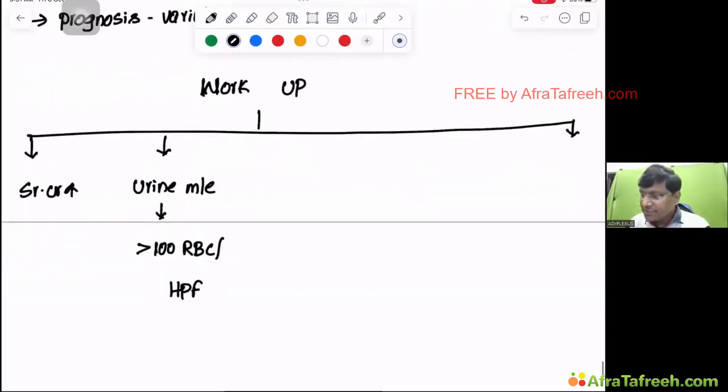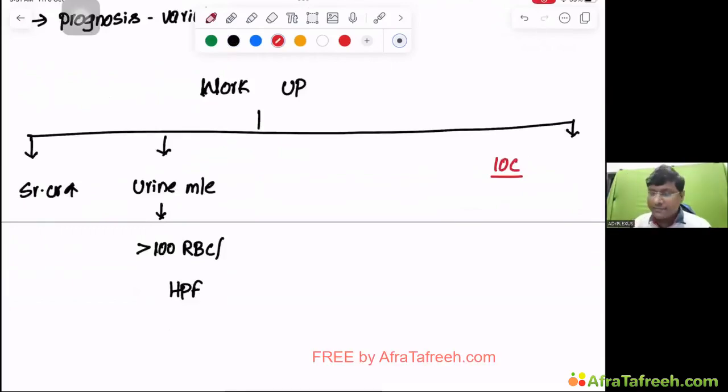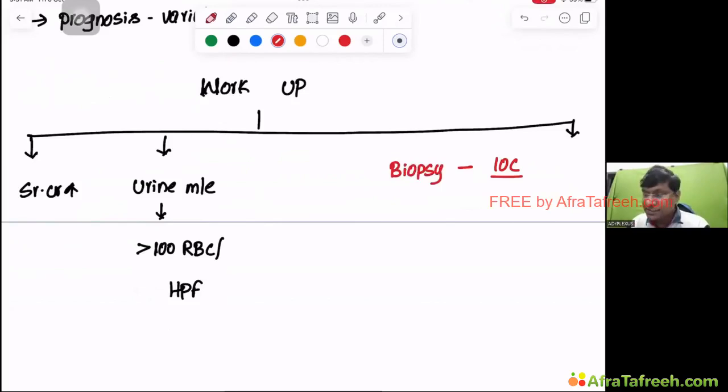Then what is the investigation of choice? The investigation of choice will be biopsy. And one point you have to remember here is that the lesions in case of focal segmental glomerulosclerosis are located deep inside.